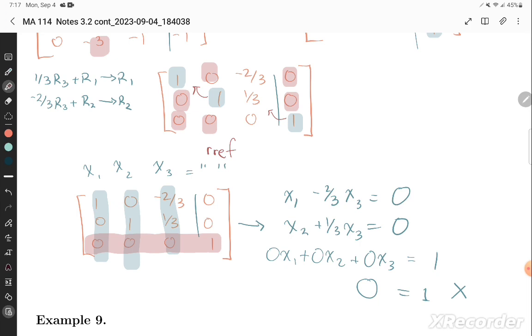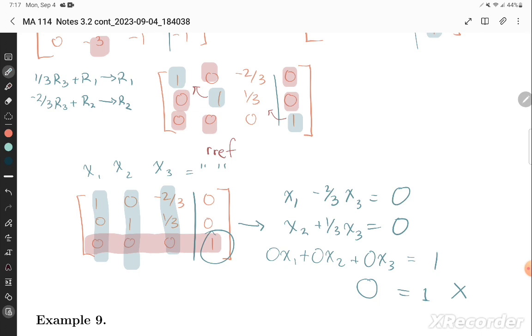If all the columns for my unknowns are 0, but I have a non-zero value on the other side of my equal sign, that's why people like to draw the bar here, to remember that that represents the equal sign.